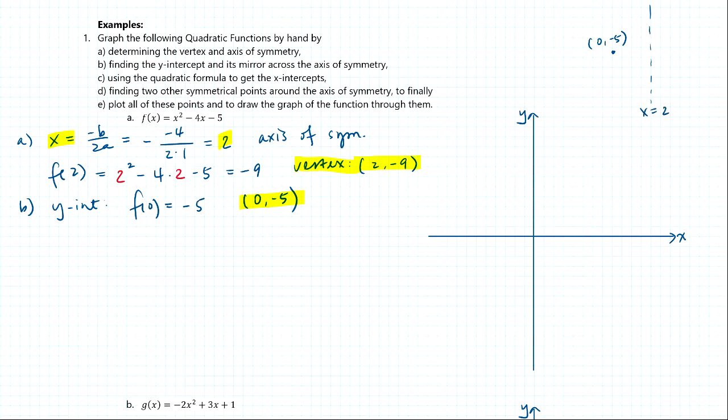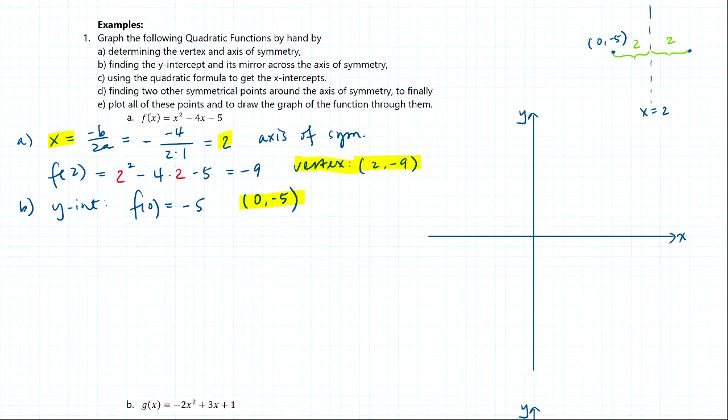And in order to find the mirror image, we want to use the fact that the y-intercept is an equal distance from the axis of symmetry as its mirror image. Here we can see the distance between x equals 0 and x equals 2 is 2 units. And same thing here, we would have 2 units being the distance on the other side.